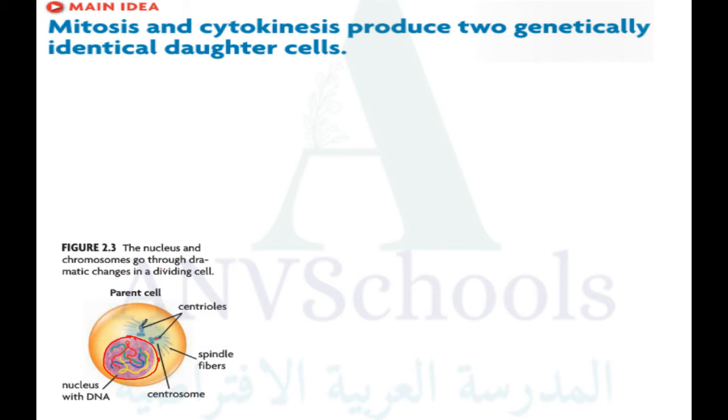So what we have here are centrioles. Then we have spindle fibers, which will develop across the cell. Then we have centrosomes. So the first part of cell division is interphase.